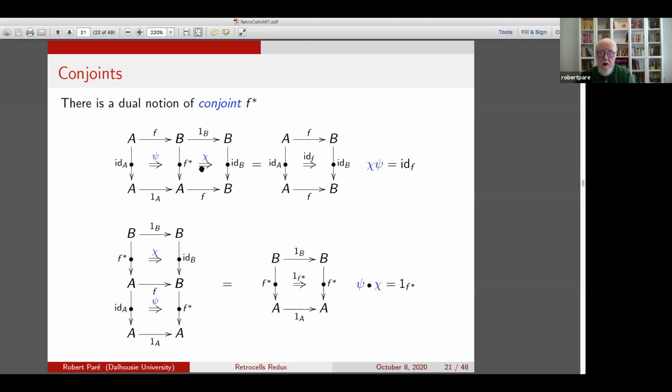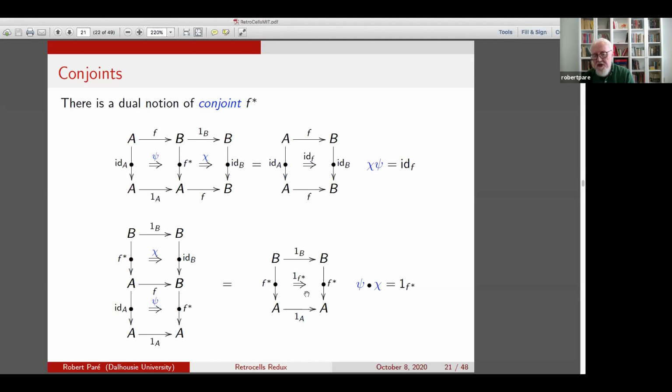And you have these conjunctions, psi and chi. If you compose them horizontally, you get a vertical identity. And if you compose them vertically, you get a horizontal identity. So what you're thinking is that F upper star is an adjoint to F on some side or other, even though they're not the same kind of morphism.